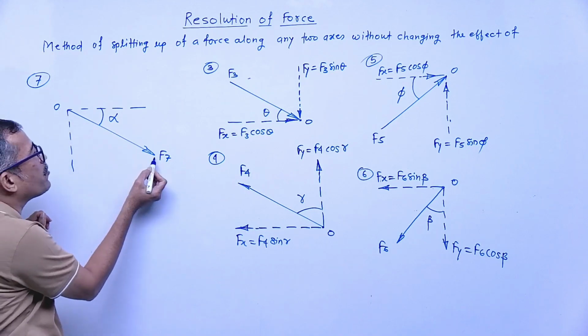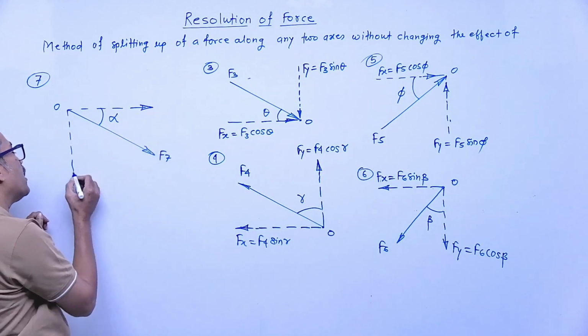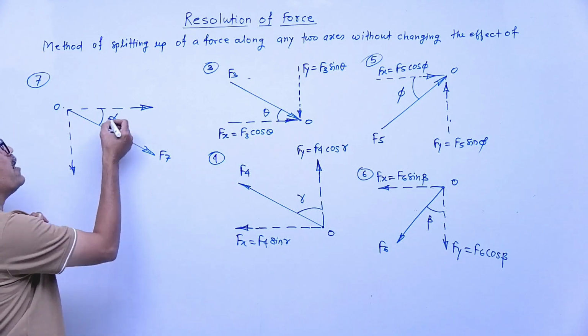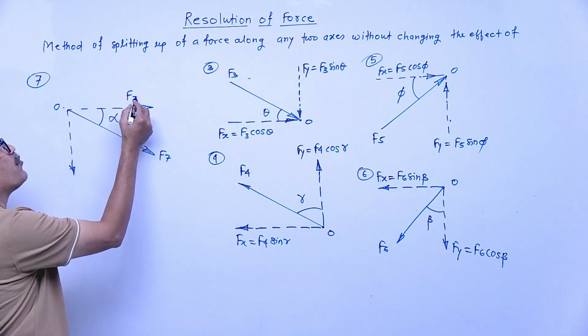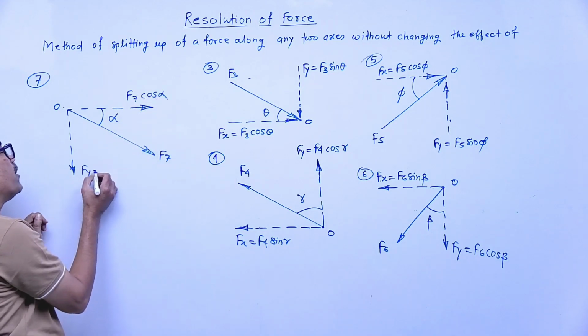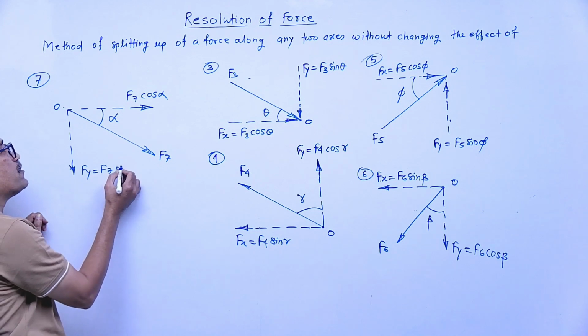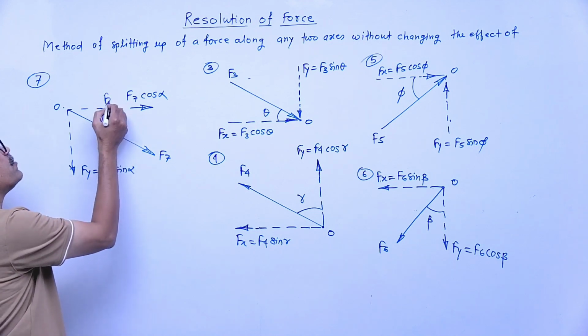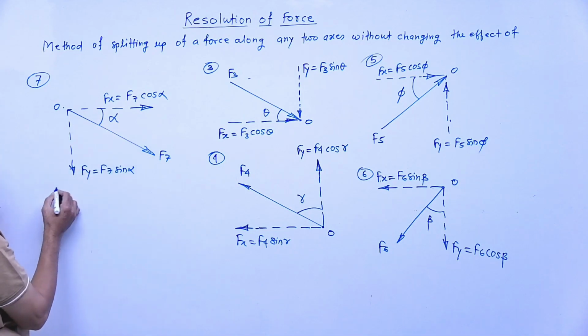Force is away from the point, so components must be away from the same point. Angle with horizontal, the horizontal component is F7 cos alpha, the vertical component Fy is F7 sin alpha.